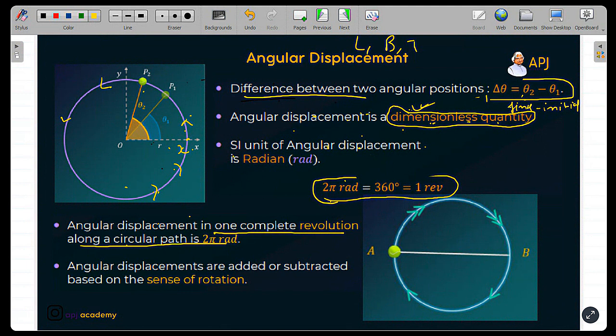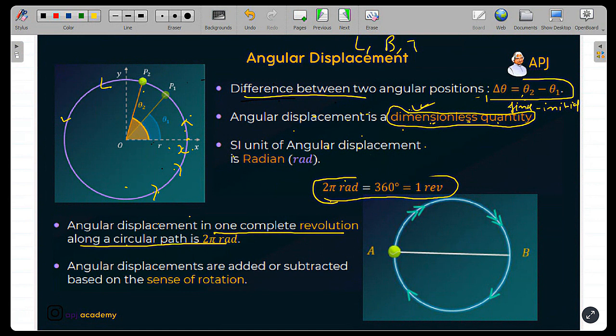That is called one complete revolution. The point from where you started the motion, you completed the whole circle and then you came back to the very same point. That is the meaning of one complete revolution.